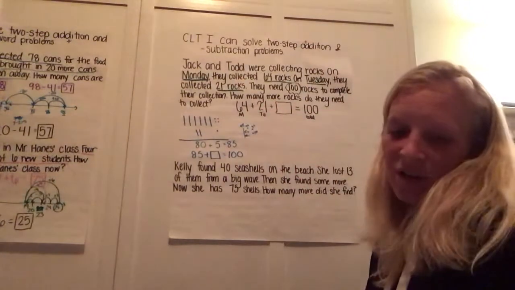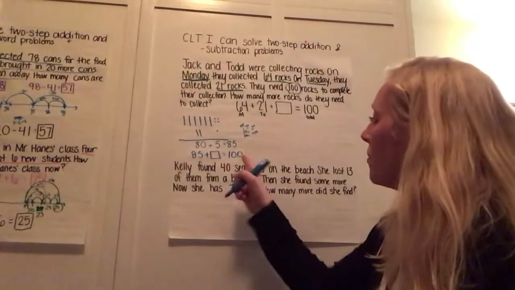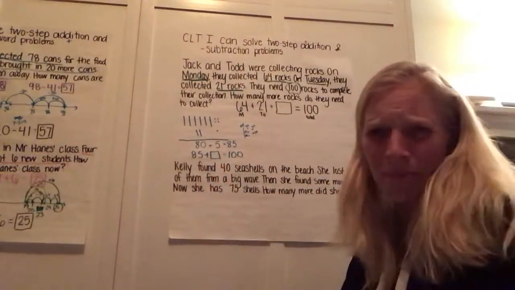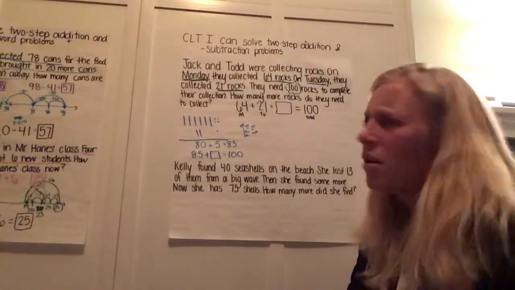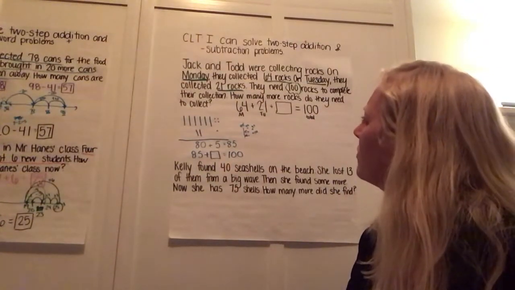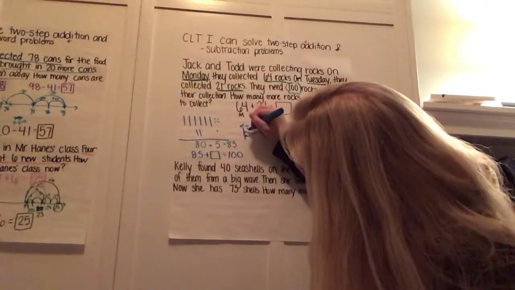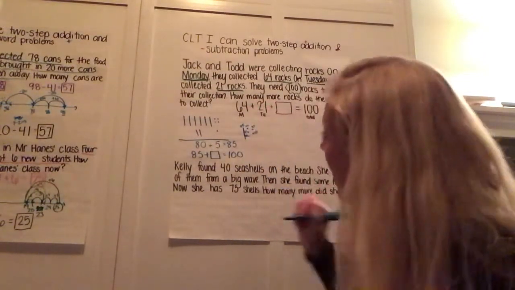And why did you stop at 100? Because that's how many you needed to collect total. Okay, so then what number is going to go in this box? Where did you get 15? The 1 ten and 1, 2, 3, 4, 5 ones.